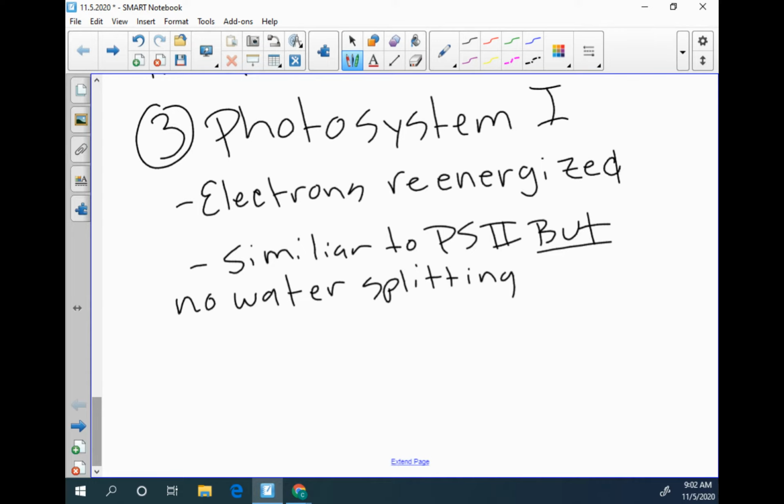Then electrons are passed to a second electron transport chain.